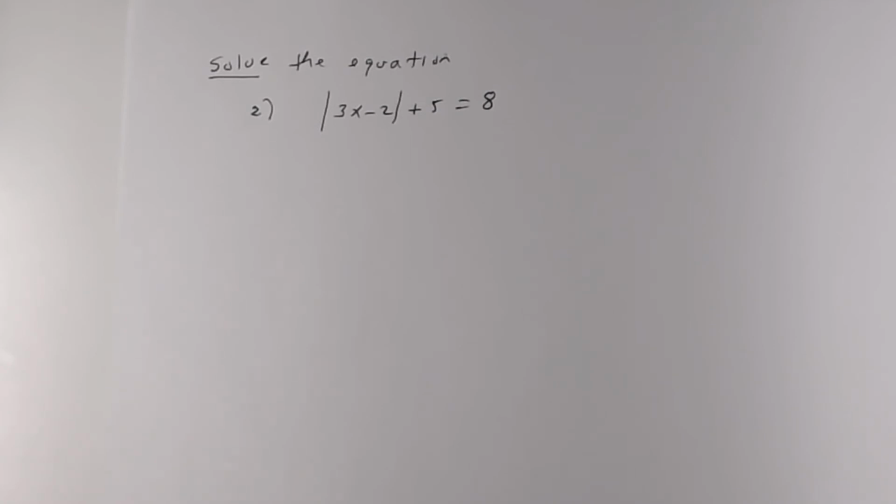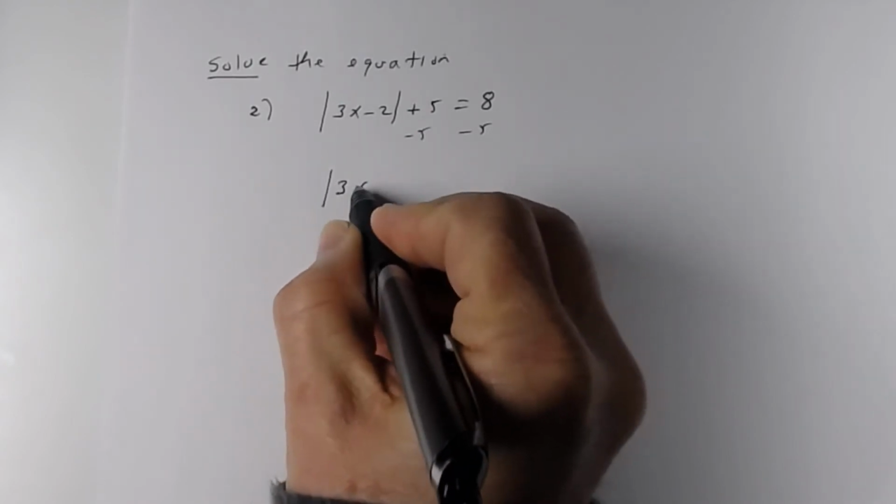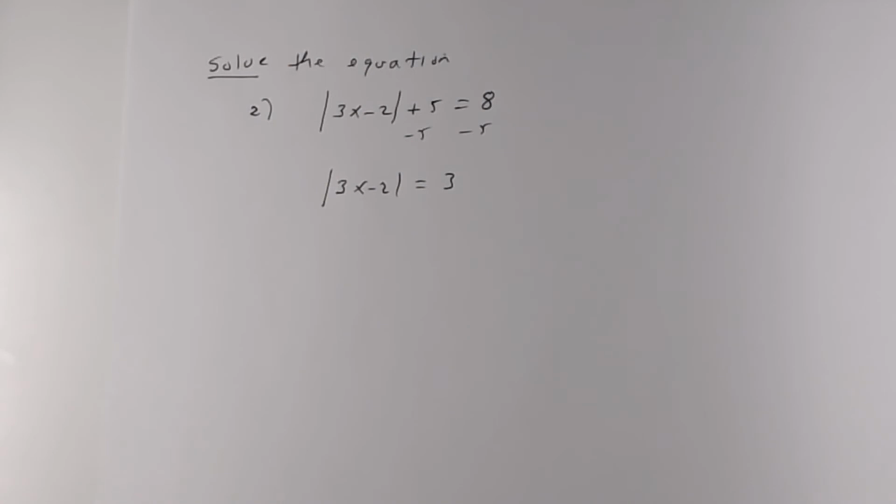When I subtract 5 from both sides, I get the absolute value of 3x minus 2 is equal to 3. All right, so then what's the next step?